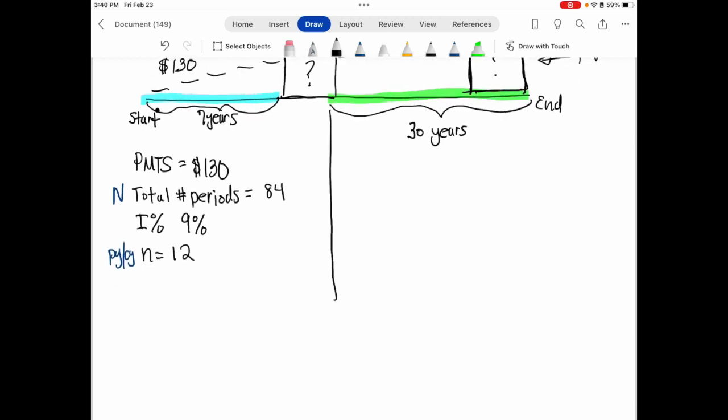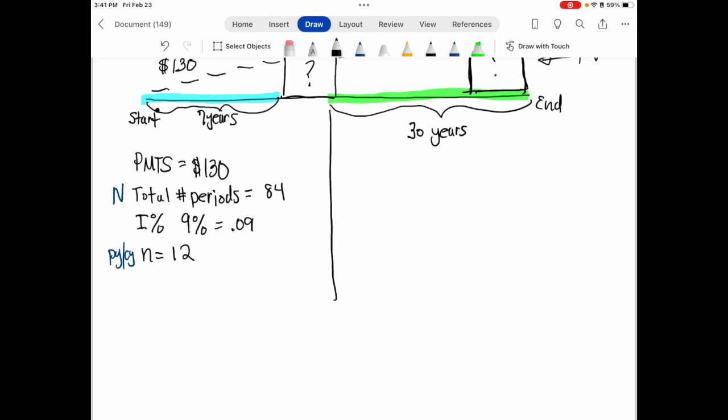So a couple more things to think about. If you're using the formula or GeoGebra, you have to change this 9% into a decimal. If you're using the TVM solver on your calculator, then you can just plug it in as 9% and not worry about putting it in as a decimal.